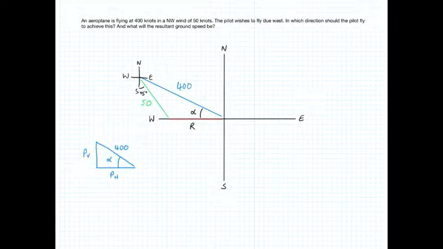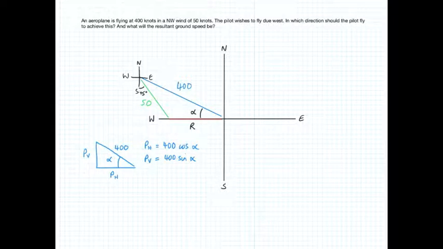So if we resolve that into the horizontal and vertical, the plane horizontal is equal to the hypotenuse, which is 400, times, and we're looking at the horizontal, which is the adjacent, so 400 cos alpha. And the vertical component, so plane vertical, is going to be the hypotenuse, which is 400, and then we're looking at the opposite to the angle, so that will be 400 sin alpha.